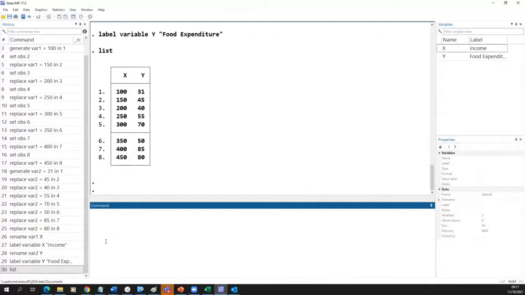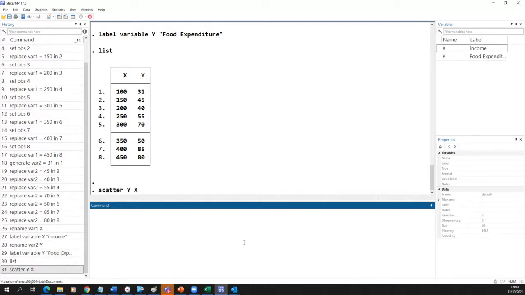Now, obviously, one of the important things is the scatter plot. So if we do scatter y x, now when you're doing a scatter plot, as I keep telling you, the variable on the y-axis is the dependent variable. So that's the variable that we call y. The variable that's on the y-axis has to go first in the command. So scatter y x, not scatter x y.